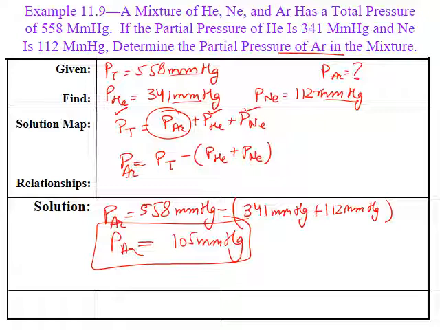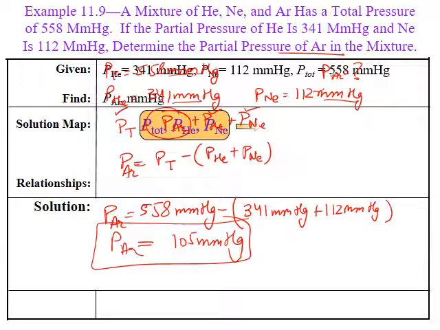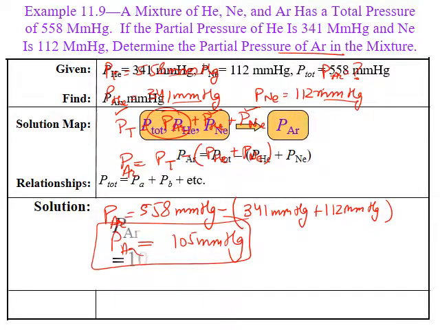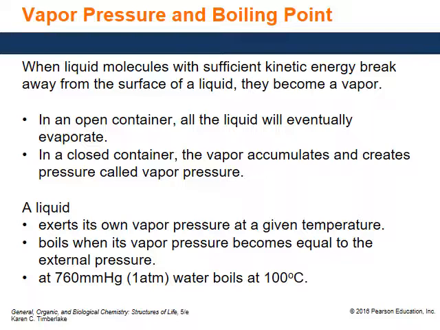And now one last topic that I want to discuss here is about vapor pressure of a gas and its boiling point. So basically any liquid, if we have a beaker filled up with a liquid, and I close this container, at any given temperature, some of this liquid will turn into gas, which is vapor molecules.